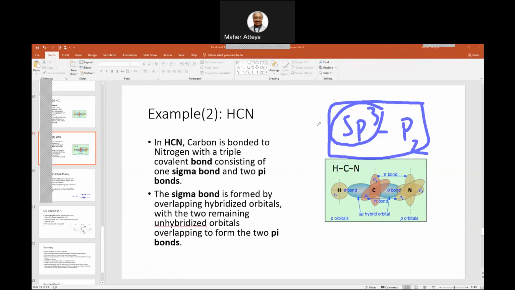And then sp3 is tetrahedral, 109.5, and it is a single bond. Make sense? Okay, guys, good.